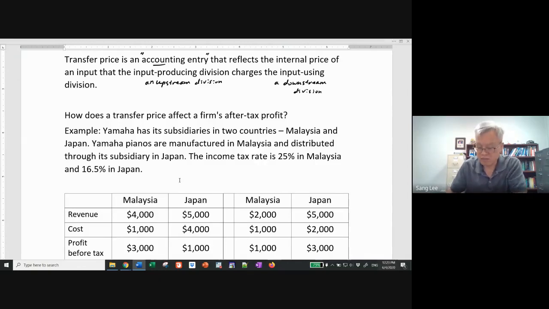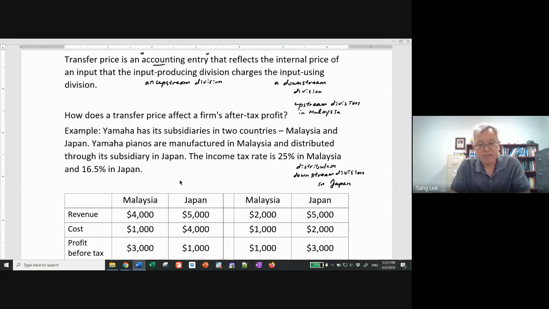So think of this example like this: Yamaha has two divisions. One is the upstream division in Malaysia, a manufacturing division, and the other is the distribution division, or downstream division, in Japan.